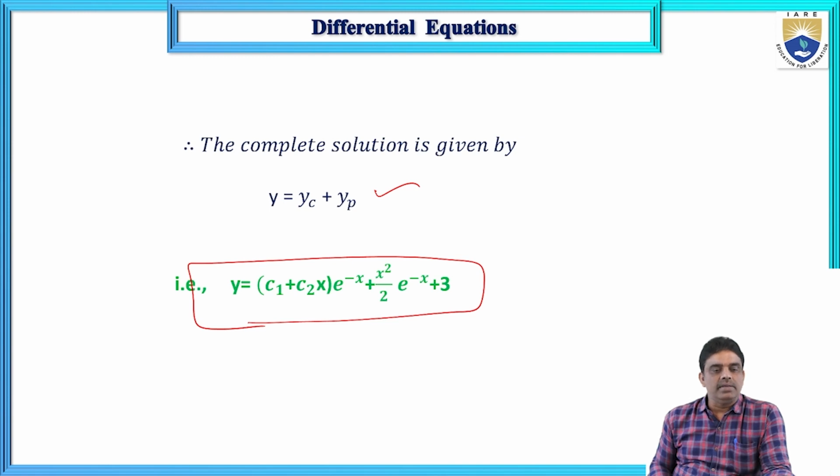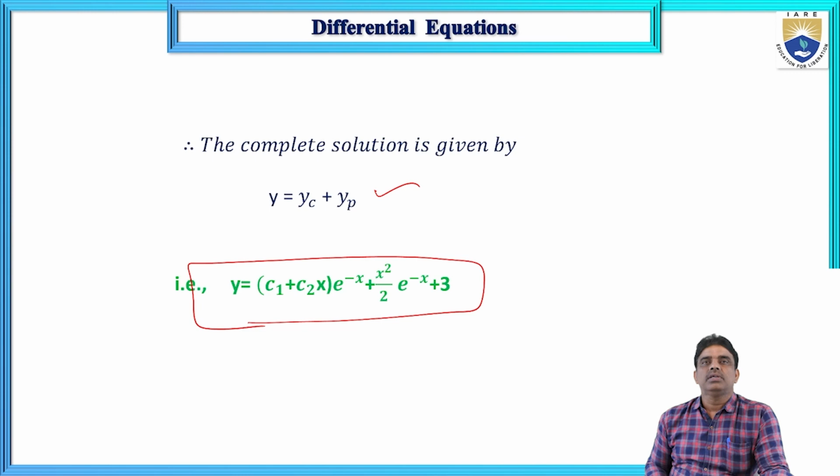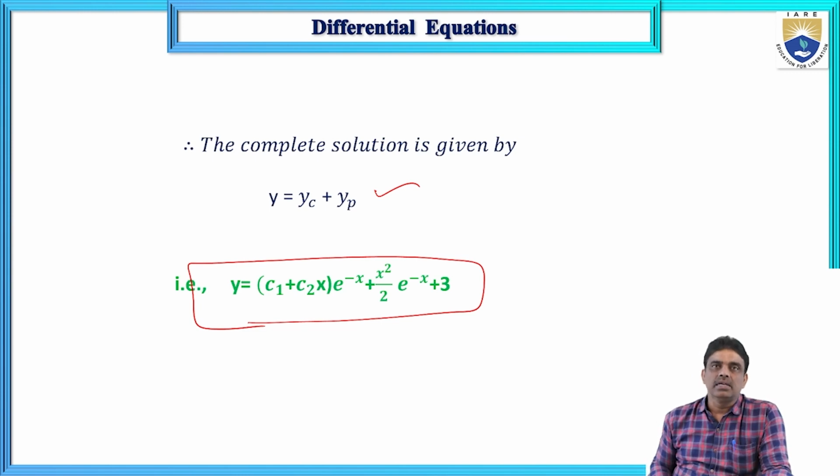If you replace d by a, if it is not equal to 0, the value is e power ax by f of a. If we replace d for a and it is 0, then 1 by d minus a whole power k of e power ax is equal to x power k by k factorial into e power ax. That is the simple way to find the particular integral when the function is e power ax.